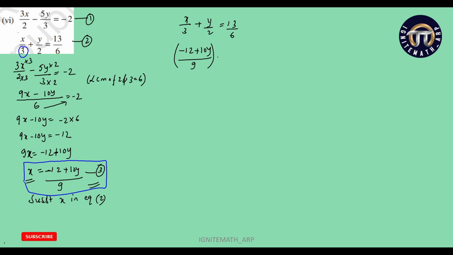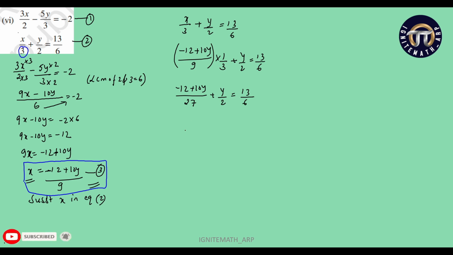And over here, if you see it clearly, divided by 3 is there. So what I write over here, I just write this one as divided by 3, or directly you can write this one as multiplied by 1 by 3. Minus 12 plus 10y divided by 27 plus y by 2 is equal to 13 by 6, because denominator and denominator can be multiplied. Right.